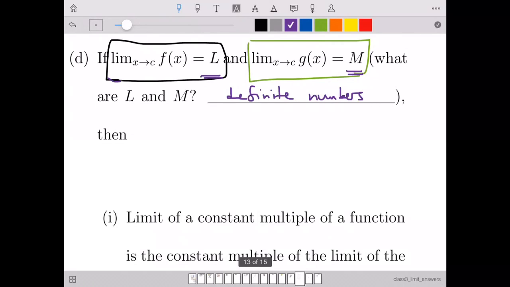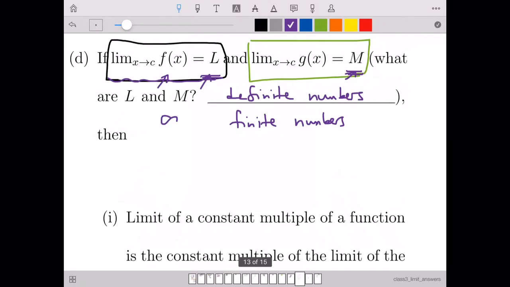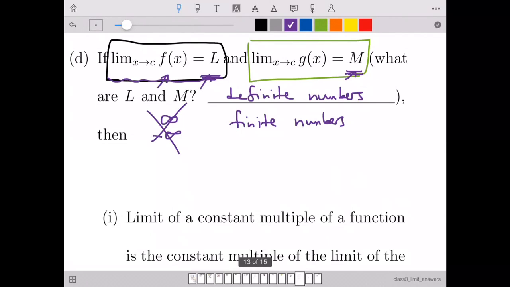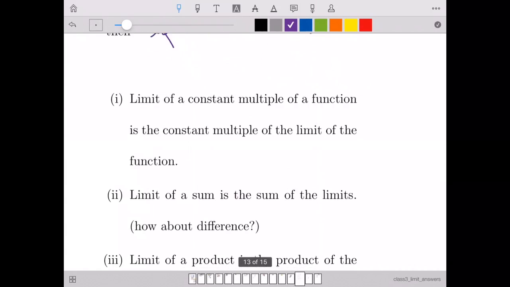When do we say the limit is L? When f approaches a single number, right? So L and m are definite existing numbers. We can say finite numbers. They are not like infinity or minus infinity, okay? When they are finite numbers, then we can say the following.